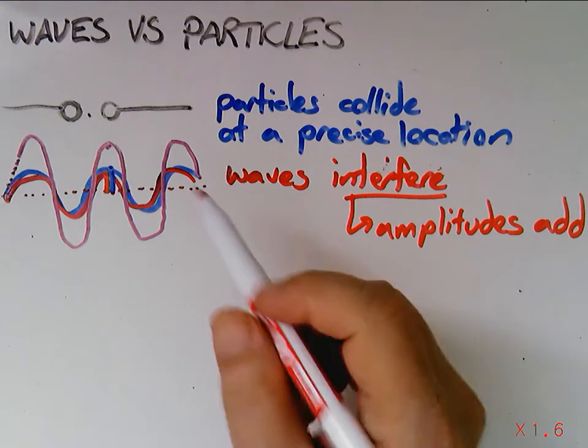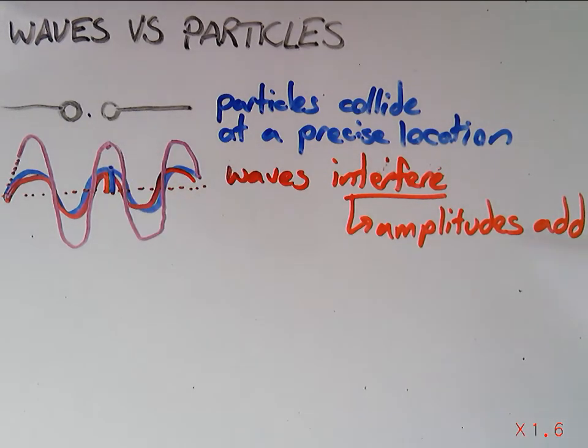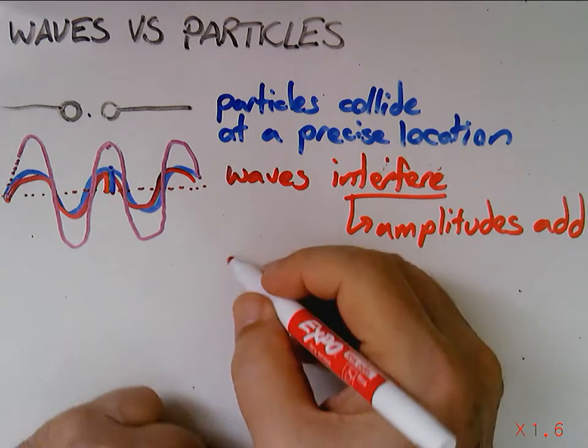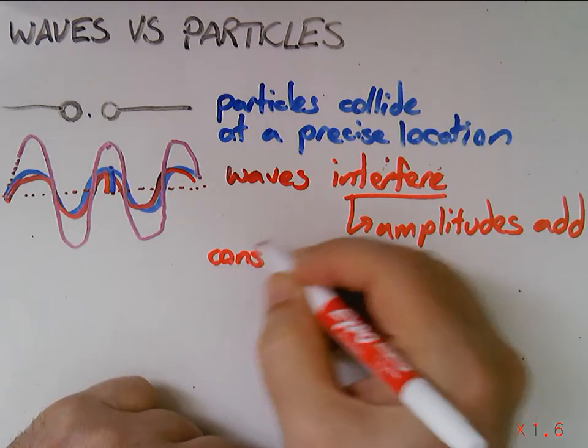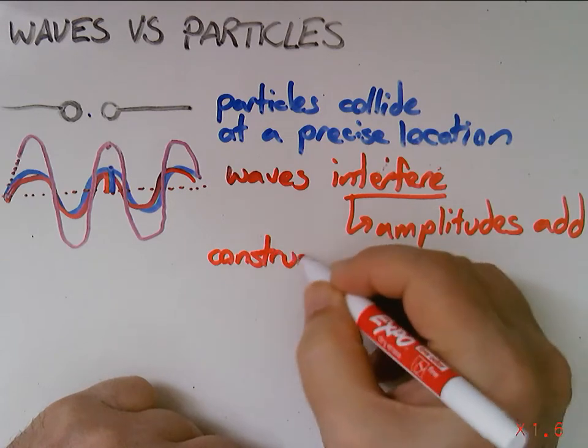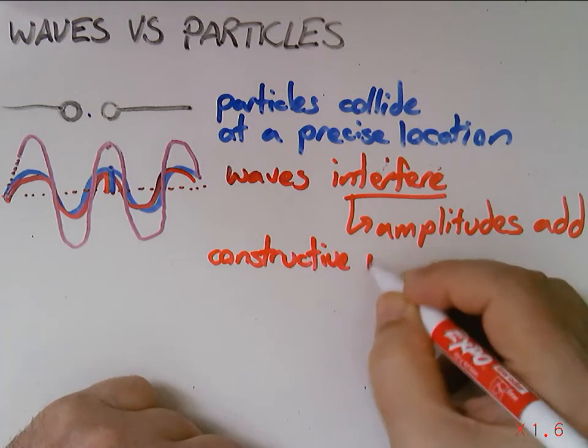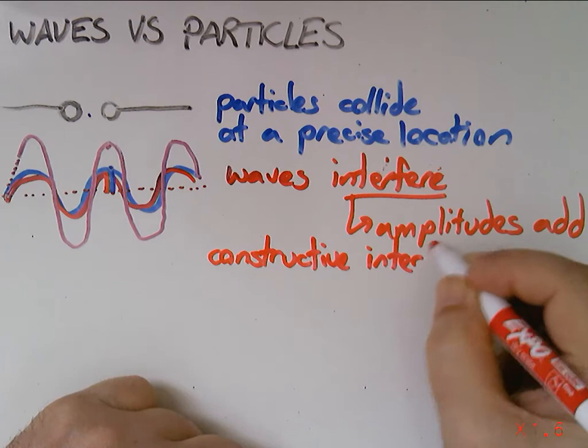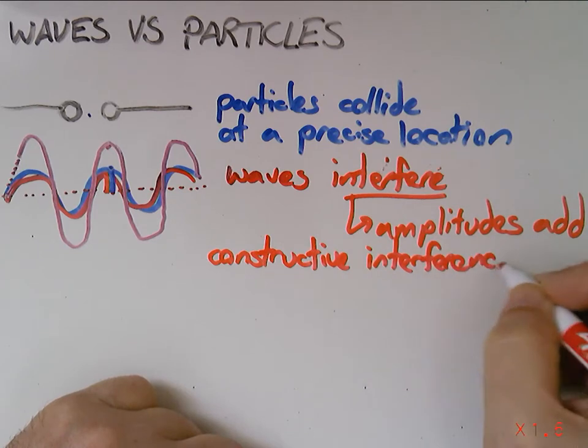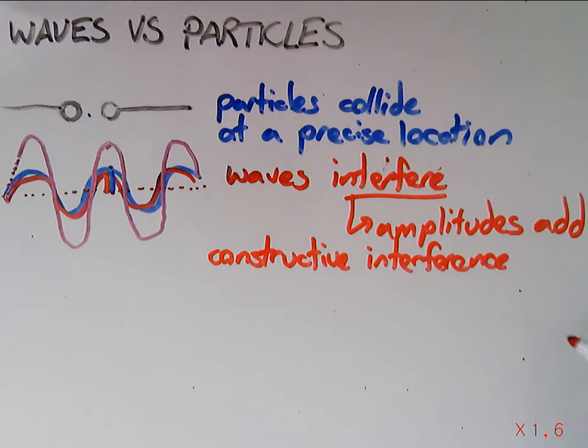And here, because the amplitudes are pulling the same direction, they're making each other stronger. The resultant wave is stronger than the waves that you started out with. This is called constructive because they're building up each other. You get a bigger amplitude.